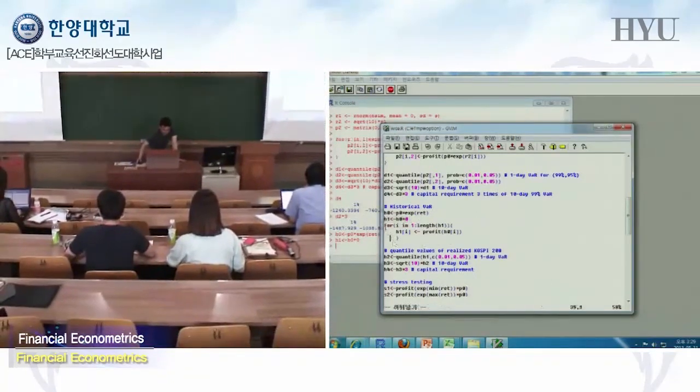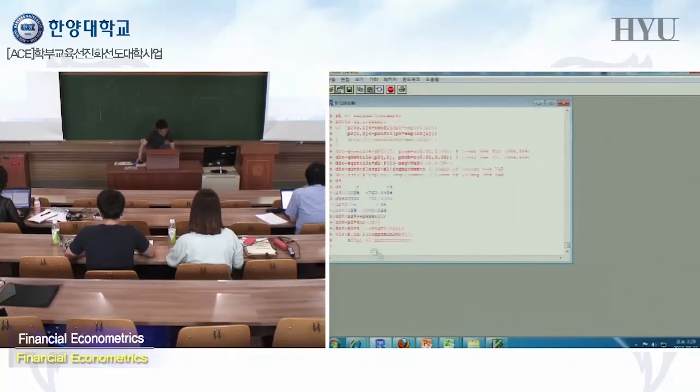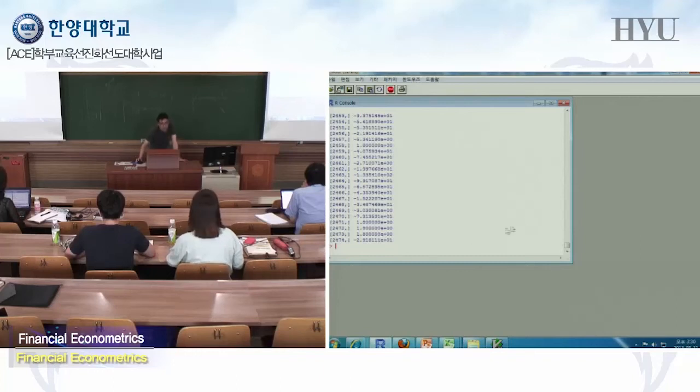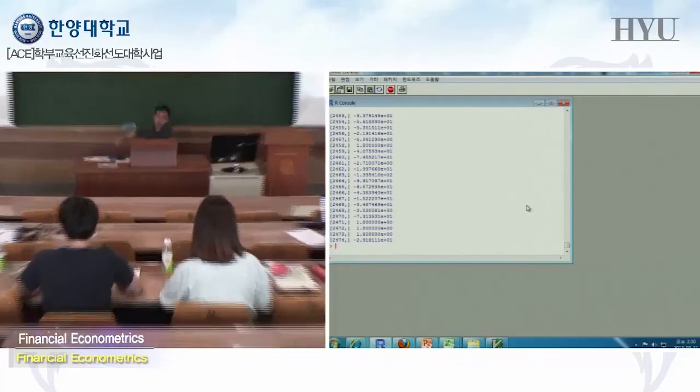Okay? So therefore, H1 is my simulated profit based on the strangle position.